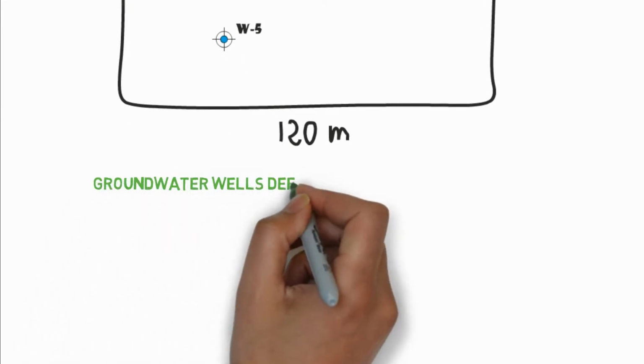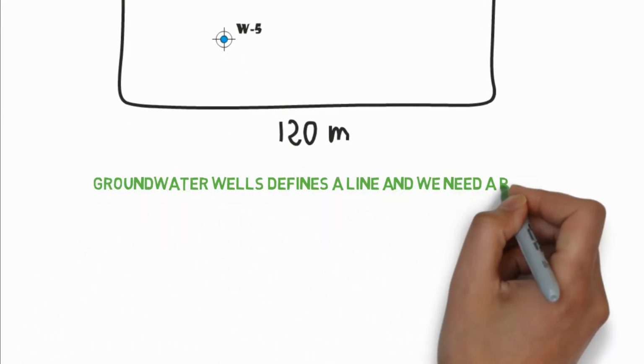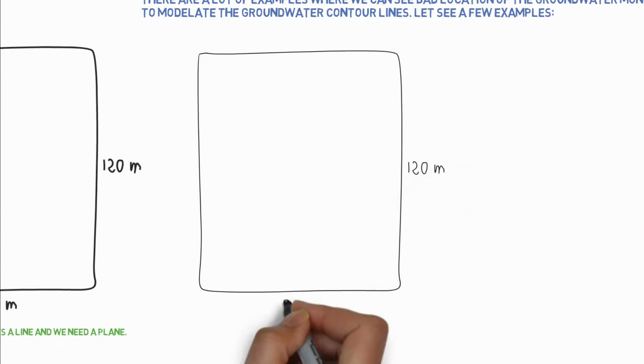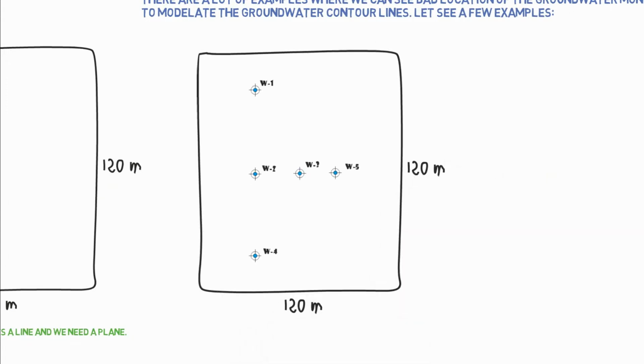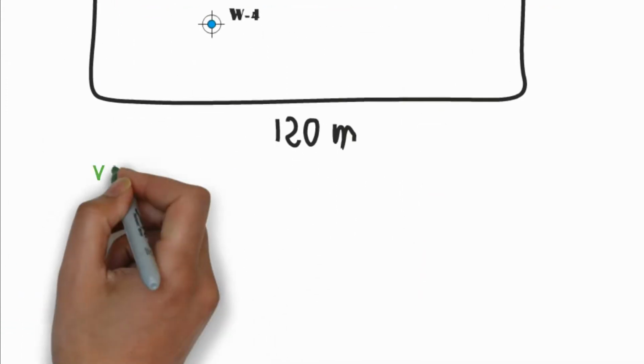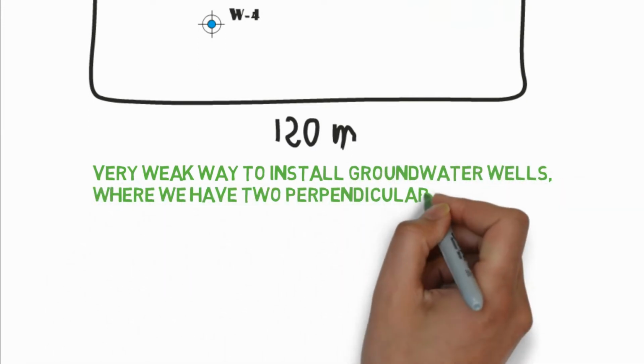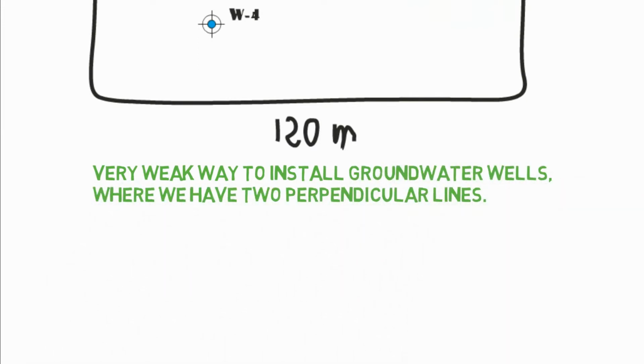Groundwater wells define a line and we need a plane. Very weak way to install groundwater wells, where we have two perpendicular lines.